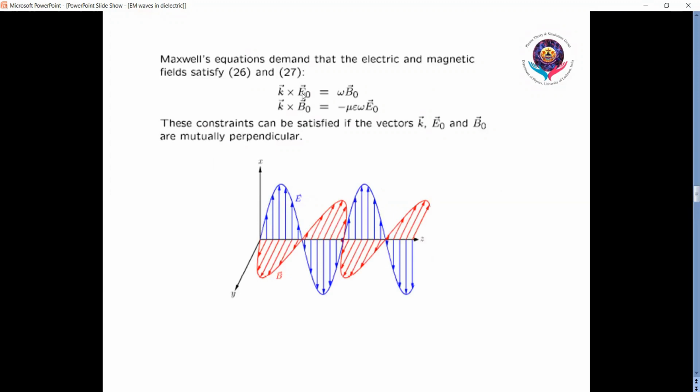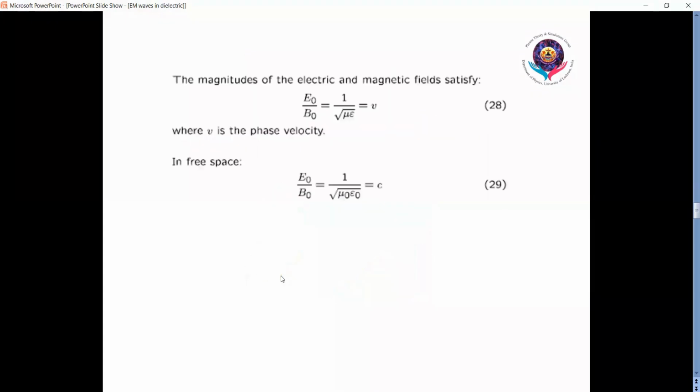From these equations, we divide this equation by this equation, we get this relation. And this is nothing but the velocity that we had in the relation before. In free space, the mu and epsilon have values mu 0 and epsilon 0, which is equal to c.